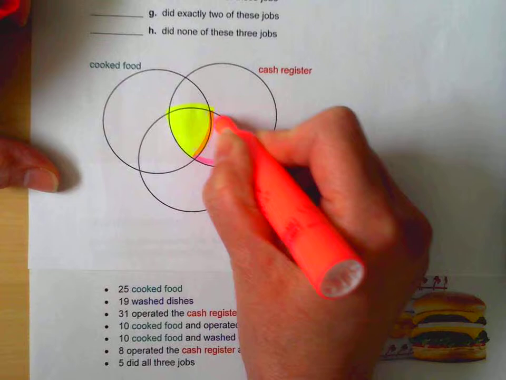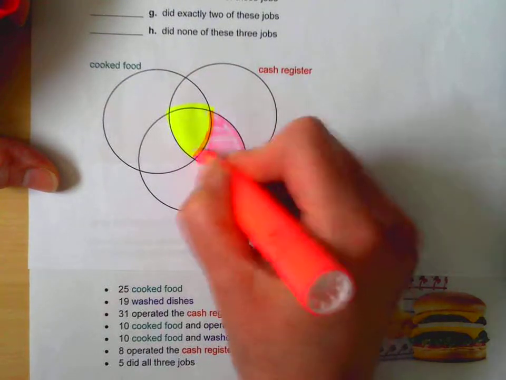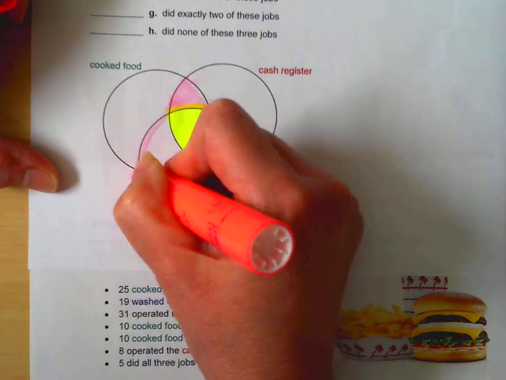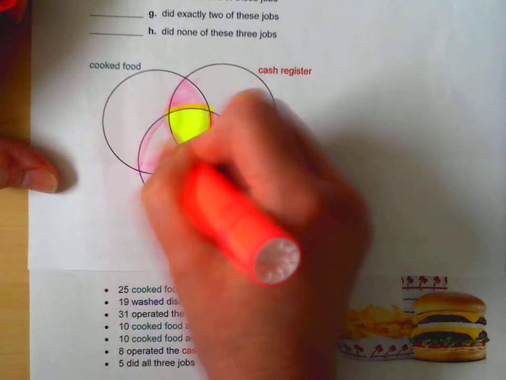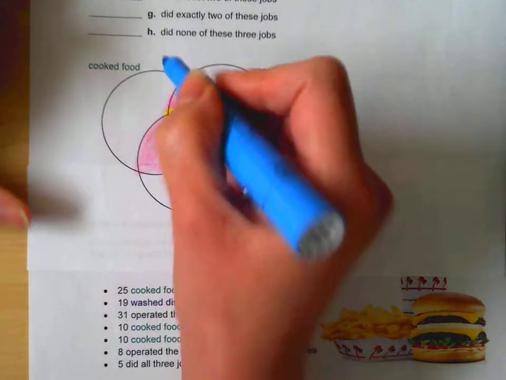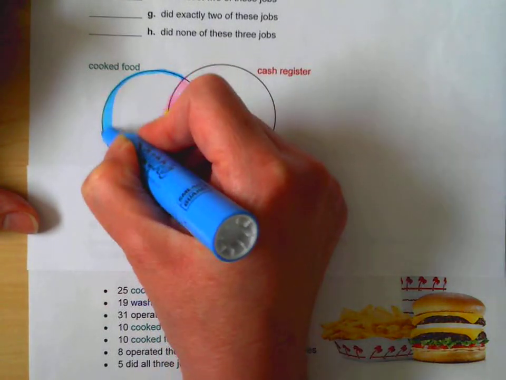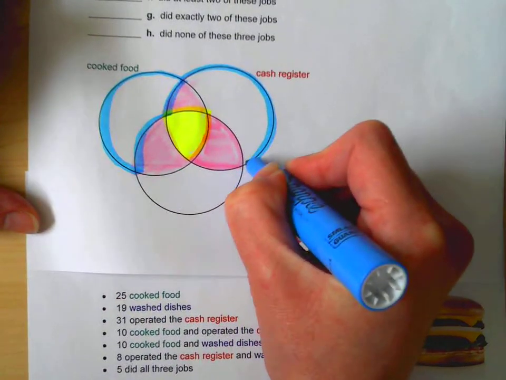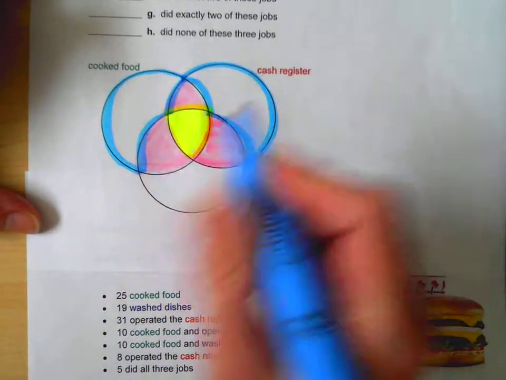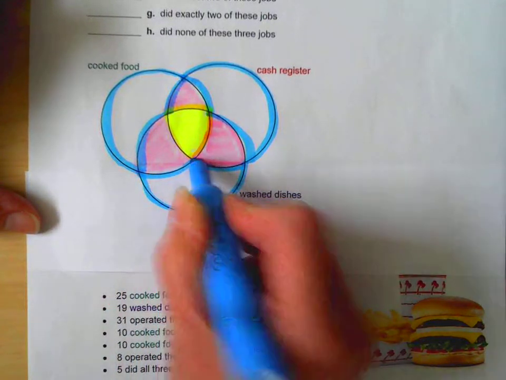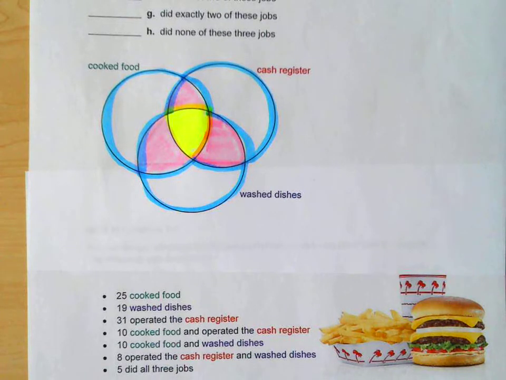So I'll go next to the exactly 2, these 3 pink segments. So I'm starting inside, working out, and then I'll end with these pieces on the outer part, the 3 things that are left. Because this blue highlighter doesn't do a good job with being visible once you write on it, I'm going to just leave it outlined in blue.